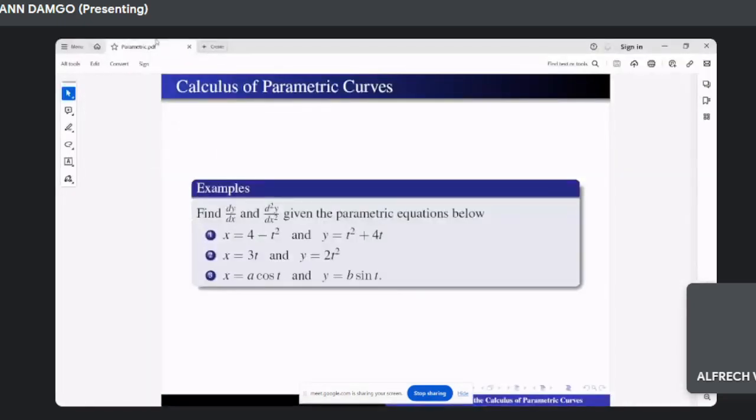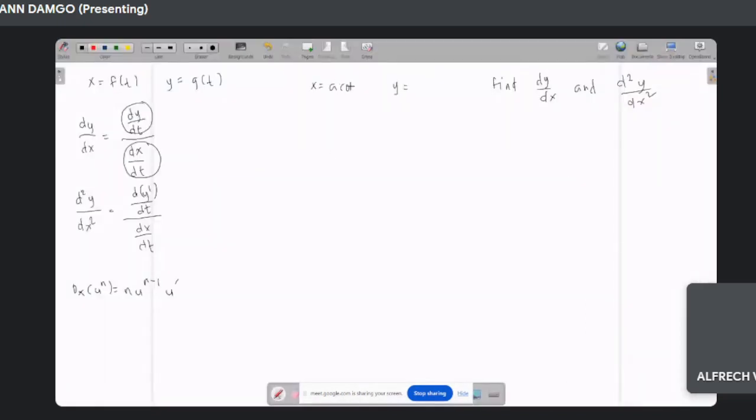Okay, so another example, we have x is equal to a cosine t, and y is b sine t. Okay, so first we find the derivative of x and y with respect to t. We have dx dt. The derivative of a cosine t is negative a sine t. For y we have dy dt is equal to b cosine t.